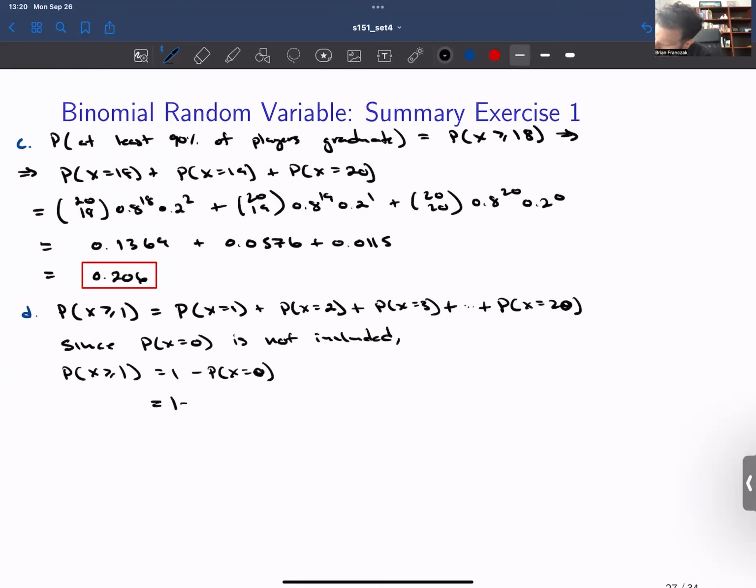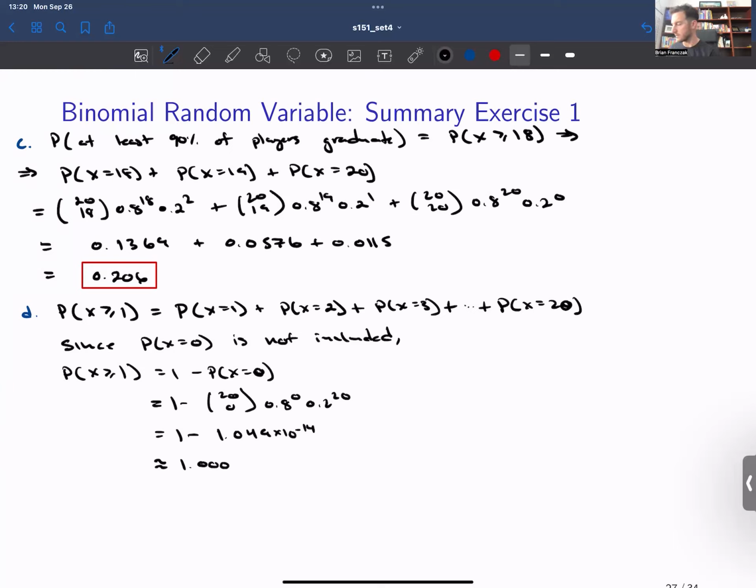This is 1 minus 20 choose 0, 0.8 to the 0, 0.2 to the 20. So this is 1 minus 1.049 times 10 to the negative 14, which is approximately equal to 1.000. So the probability at least one student graduates is essentially 100%.